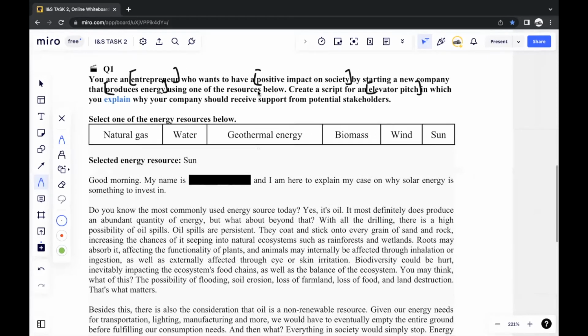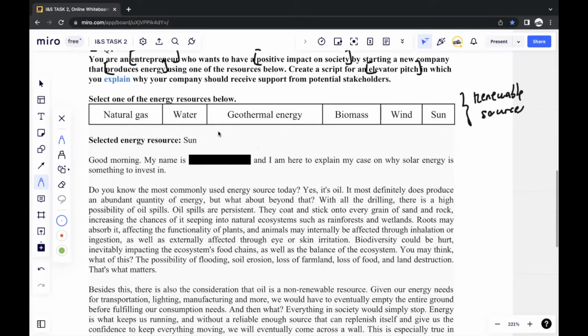One thing we can see generally is that all of these are renewable sources. So this is definitely one of the benefits that we will be talking about later in the speech. It's basically the direction that the question is trying to take you. The energy source that I selected is the sun. Just so you know, this is pretty much a perfect answer that will score you full marks based off of the criteria.